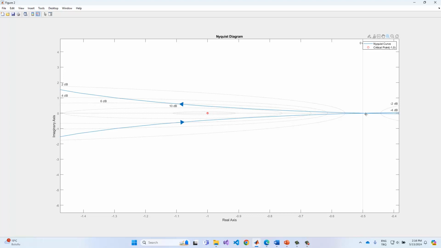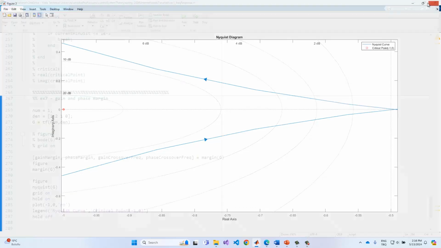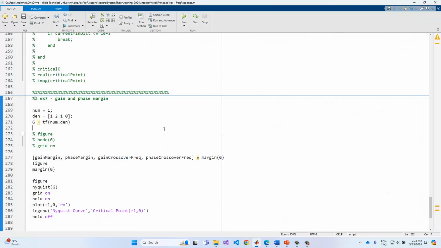The -1 is updated to these regions: 2 decibels, 6 decibels, 10 decibels, 20 decibels, for the stability region of the characteristic curves.